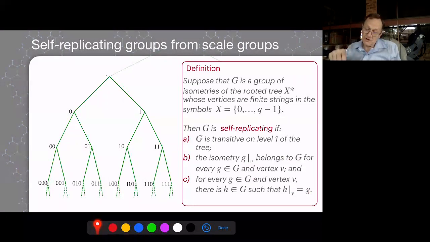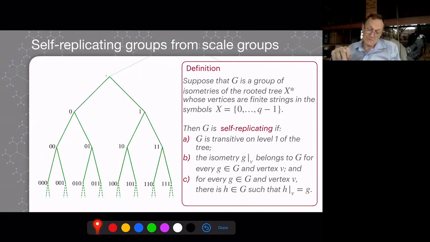So these two conditions are that for every element of the group and every vertex, the element acts below that vertex just like an element of the group. And the other statement here is that for every element of the group and every vertex, we can find an element of the group such that that element acts below the vertex like our given element.